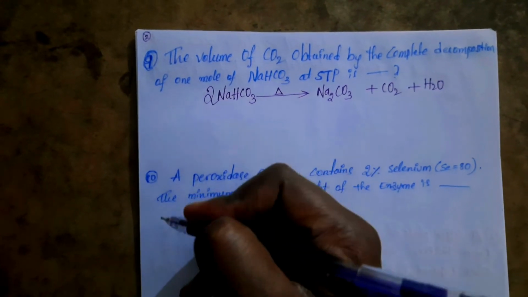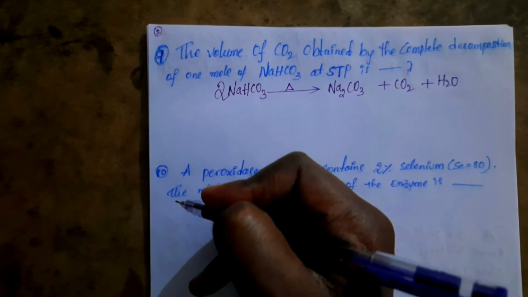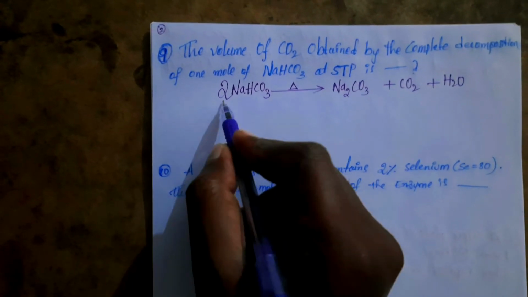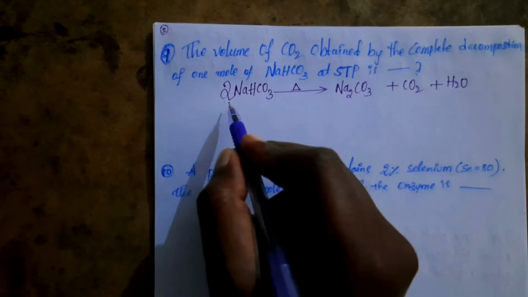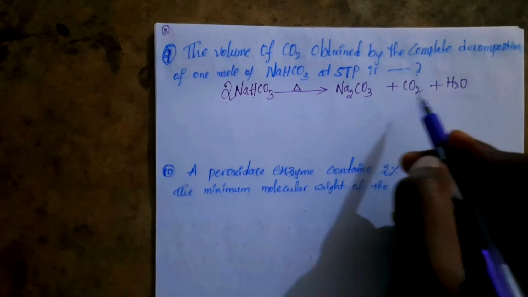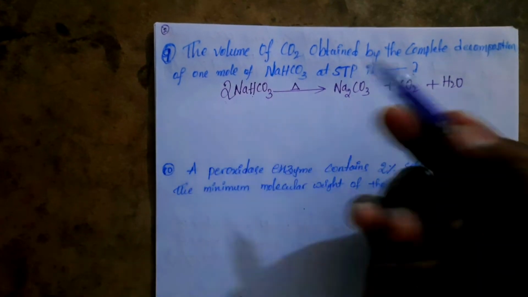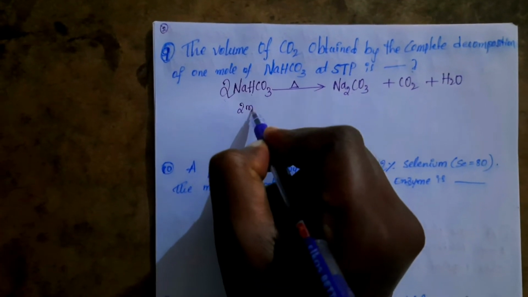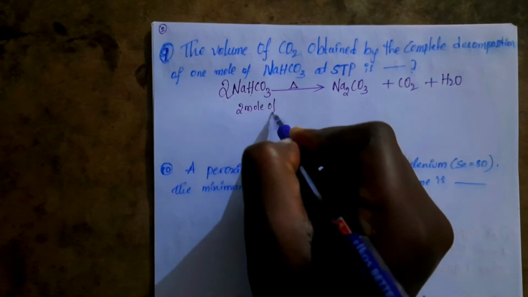When we are doing the stoichiometric relation, first we need to write the proper equation, after that balancing. So 2 sodium, 2 sodium; 2 hydrogens, 2 hydrogens; 6 oxygens, 6 oxygens; 2 carbons, 2 carbons. Everything is balanced.